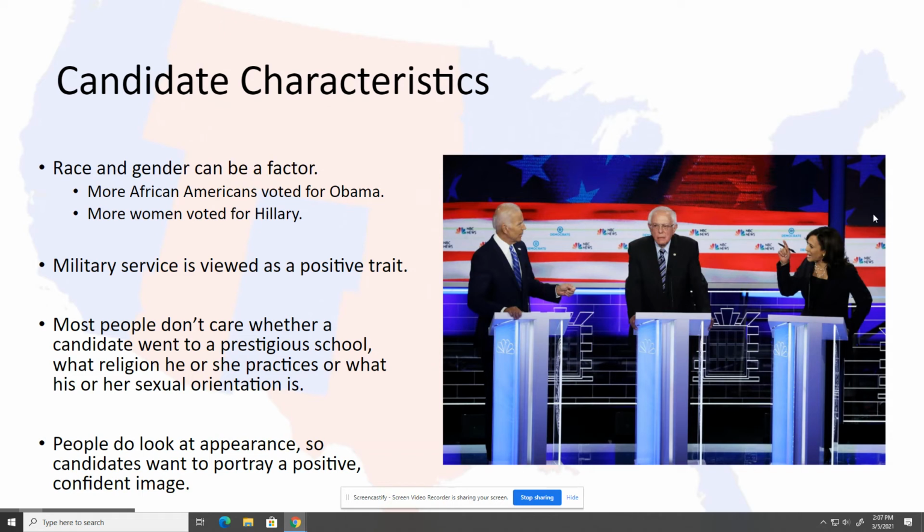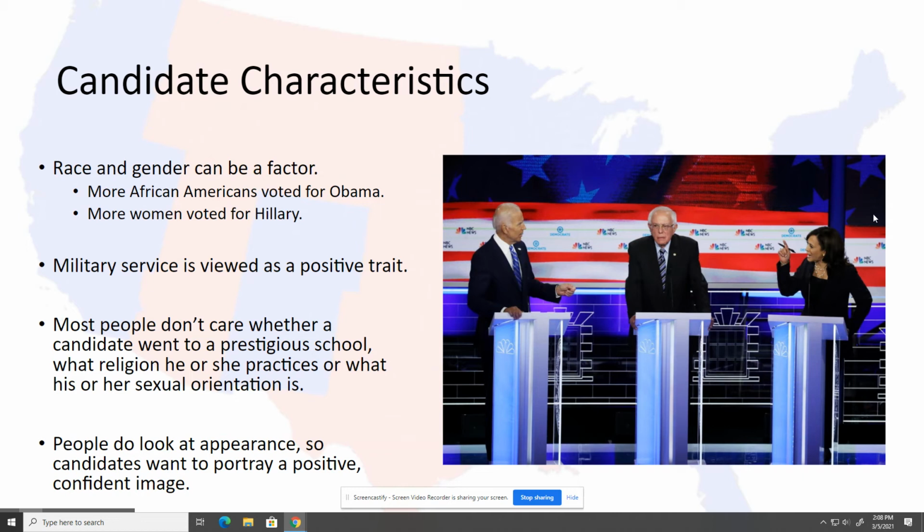All right, another thing that can lead to voter turnout are the characteristics of the candidate. Okay, so race and gender might be a factor. So more African Americans turned out to vote for President Obama, whereas more women turned out to vote for Hillary Clinton. Military service is generally going to be viewed as a positive trait.